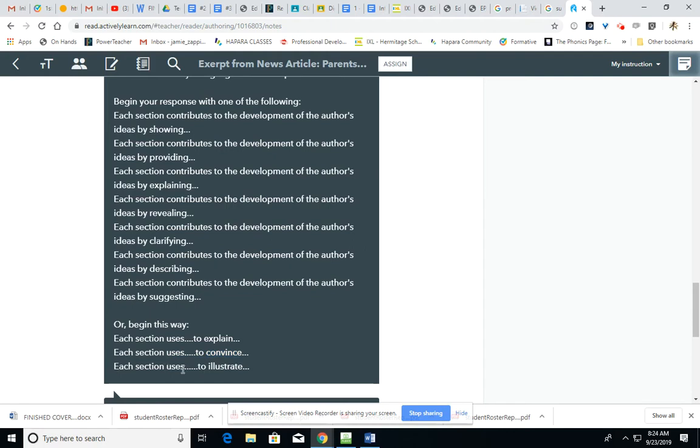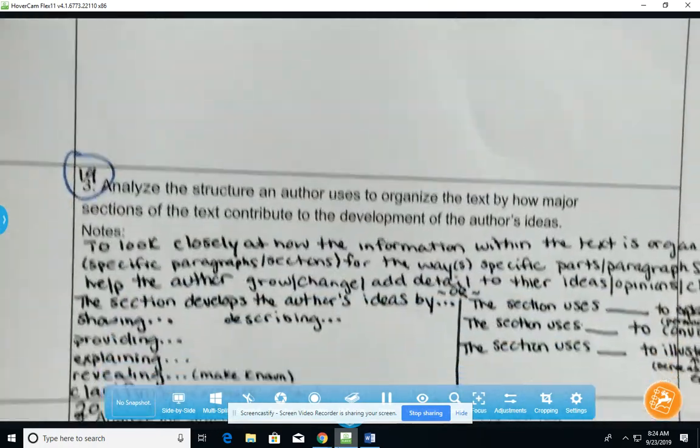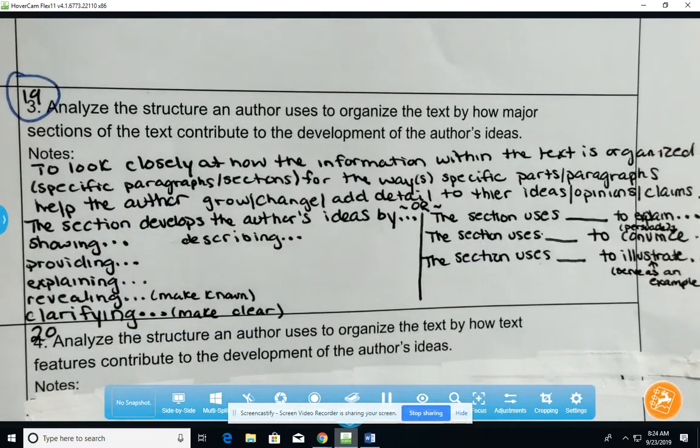Or the section uses something specific, please explain what that is right there, to illustrate something in particular. All of this ties in to learning target number 19. Learning target number 19 is to analyze the structure the author uses to organize the text by how a major section of the text contributes to the author's idea development.